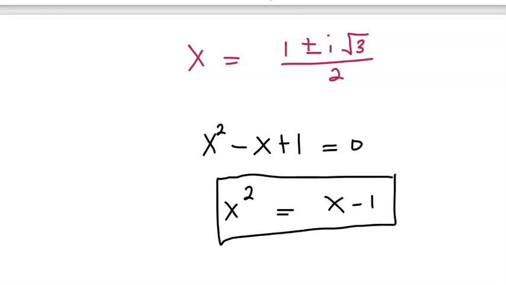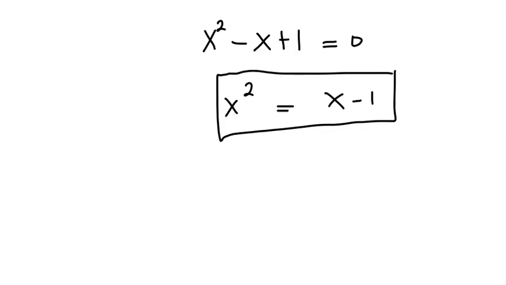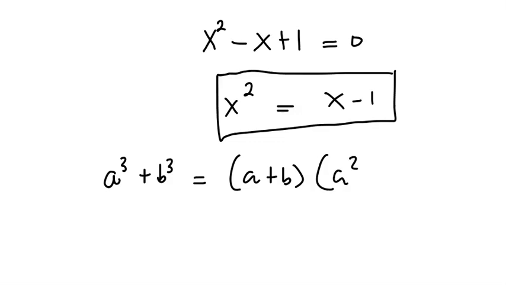Okay, now again we need to obtain x cubed, but we can easily do that if you recall the sum of two cubes formula. Remember, a cubed plus b cubed is equal to a plus b multiplied by a squared minus ab plus b squared.